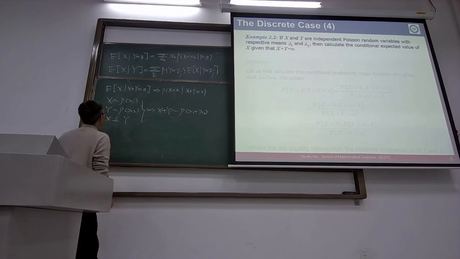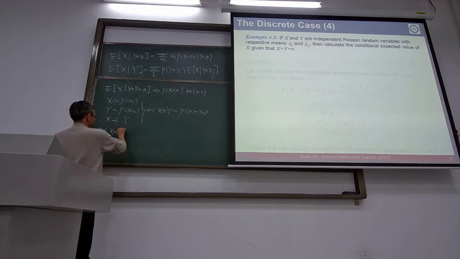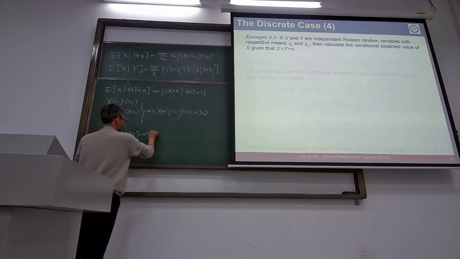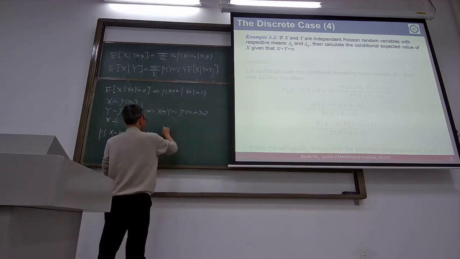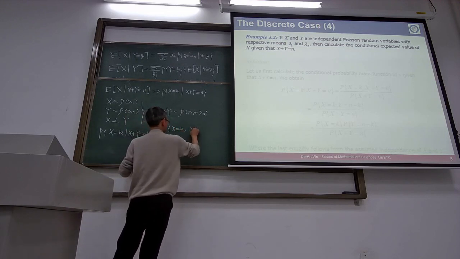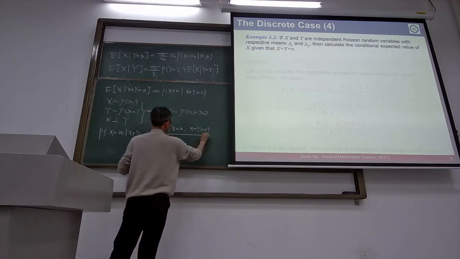To find this, the probability that X equals k given X plus Y equals n, use the definition of conditional probability.